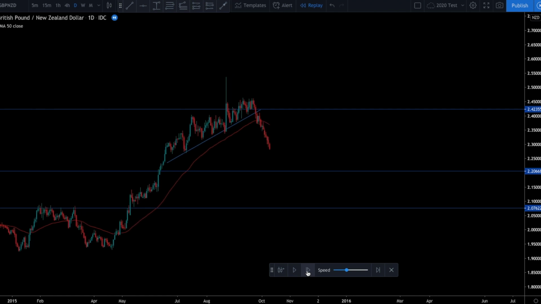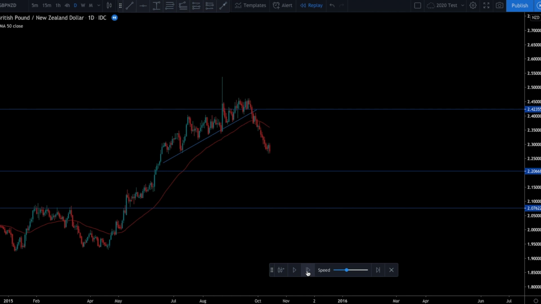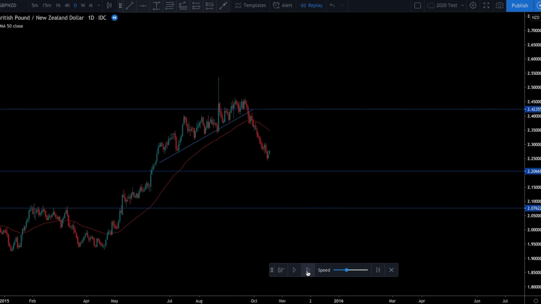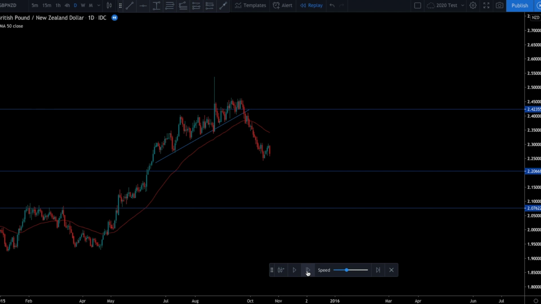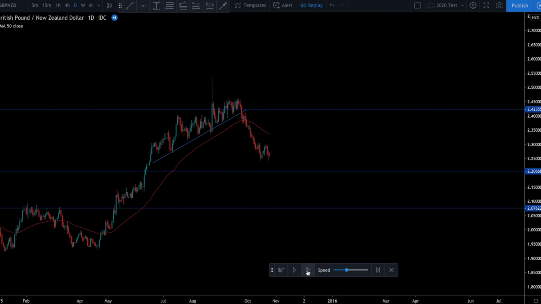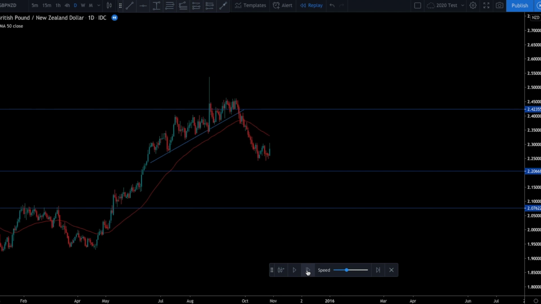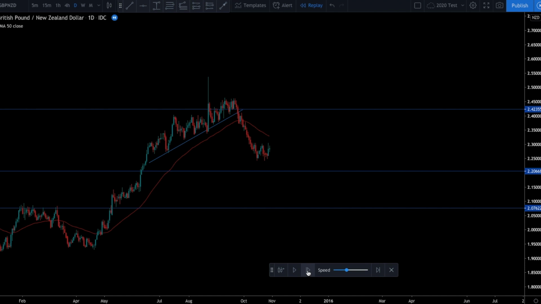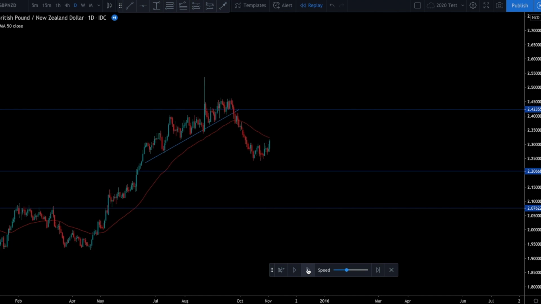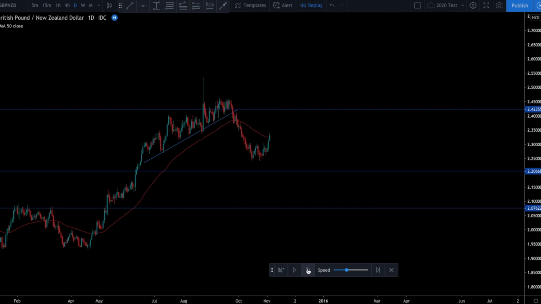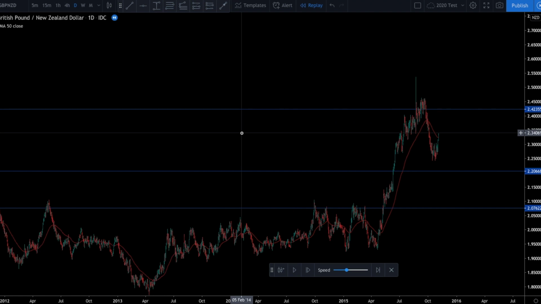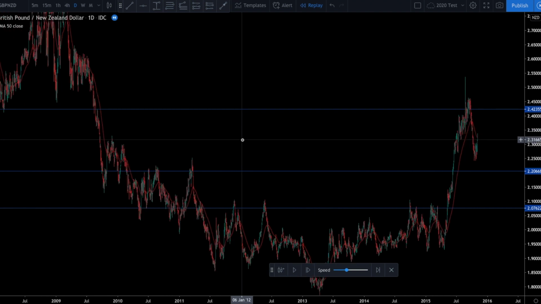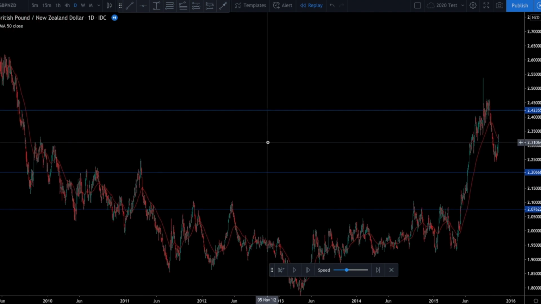Yeah, it looks like we missed it. But again, whenever you can use the lower time frames, I probably would have been able to catch that trade. Let's see, I don't think there's any price really in here.